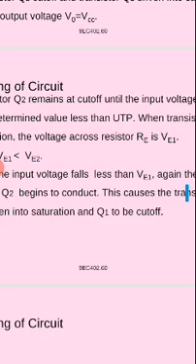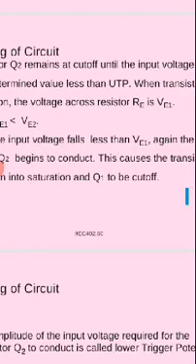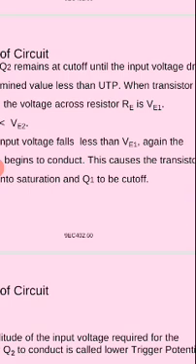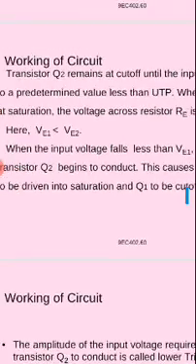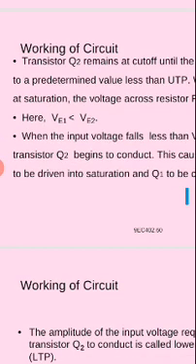When transistor Q1 is at saturation, the voltage across resistor RE is VE1. Here VE1 is less than VE2.